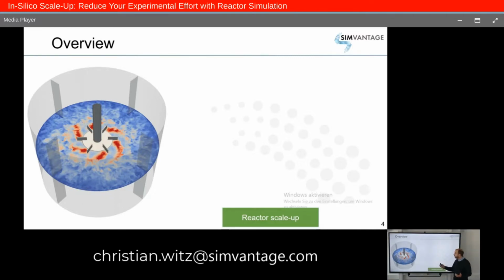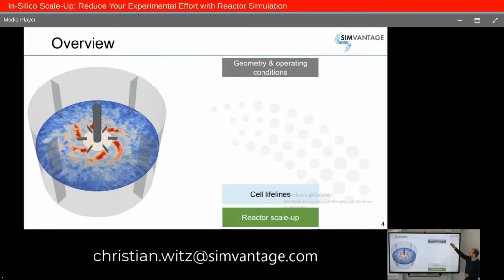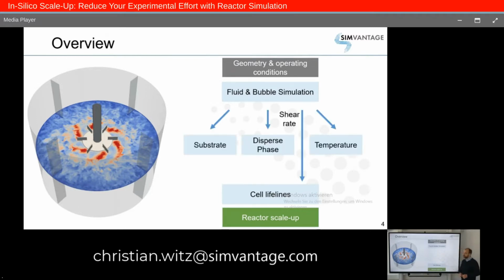And now, how do we get from our physical first principle based reactor scale up and using those cell lifelines, with what we have, the geometry and the operating conditions? The basis for all the further simulations is the fluid and bubble simulation.